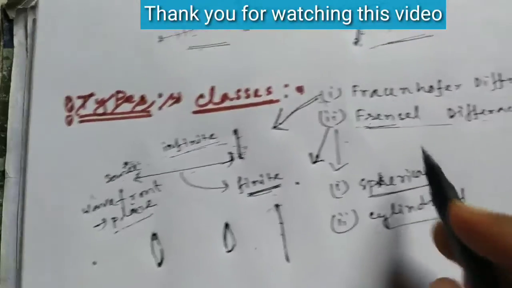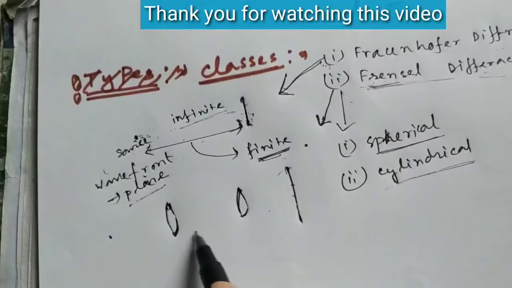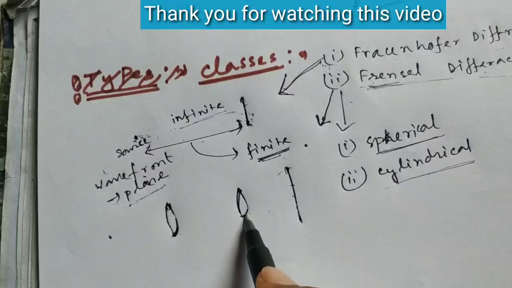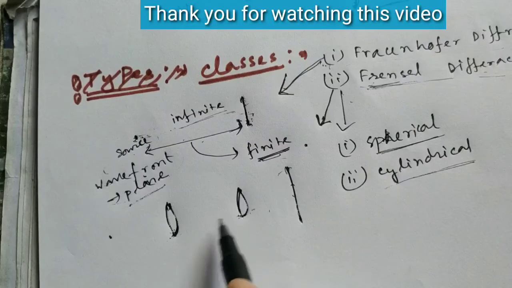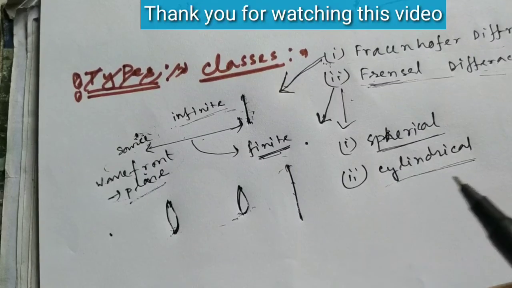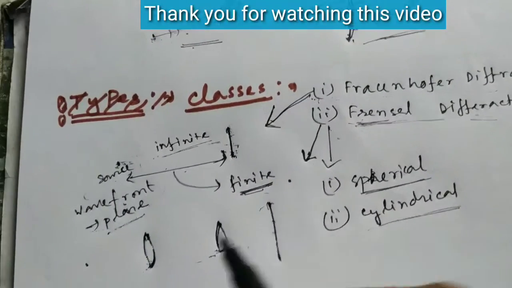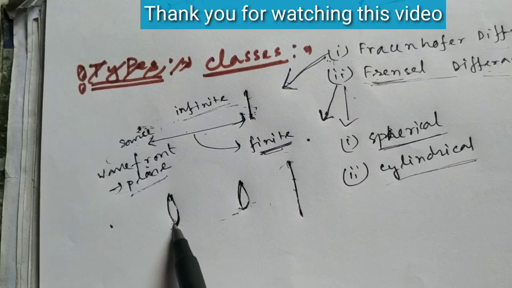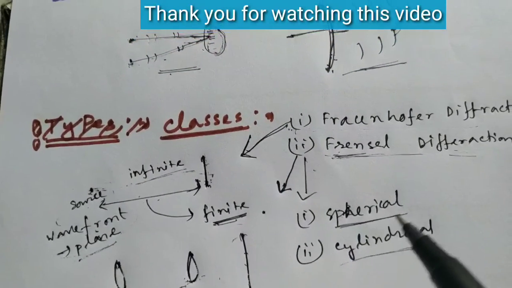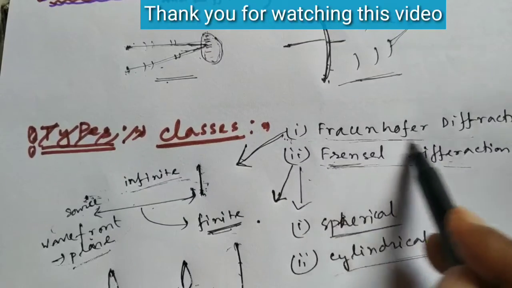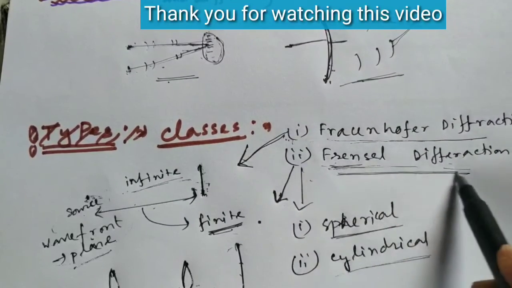In Fresnel's diffraction, we do not use convex lenses; there is no need for lenses. So these are the differences between Fraunhofer diffraction and Fresnel's diffraction.